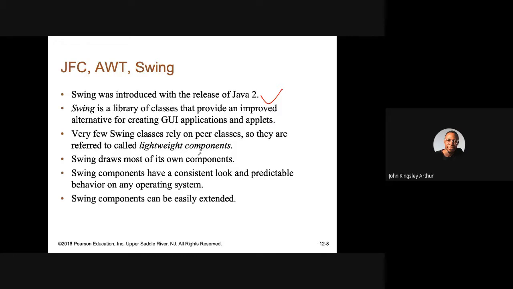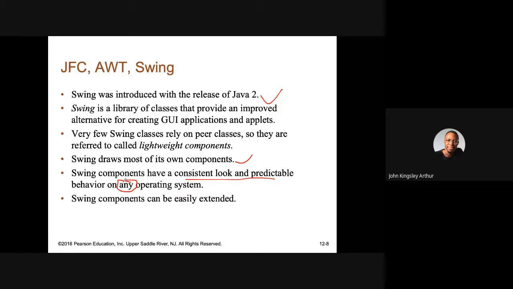All right. So, like we're saying, the Swing class draws most of its own components. It doesn't need the peer classes, as it is in the AWT, to draw the component. And that is where the advantage comes in. This also gives it a consistent look and a predictable behavior on any operating system.